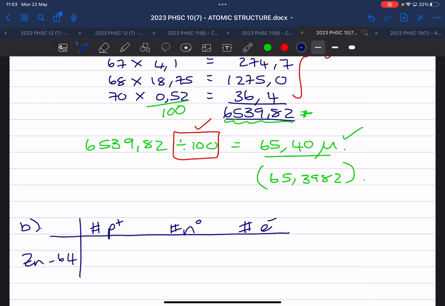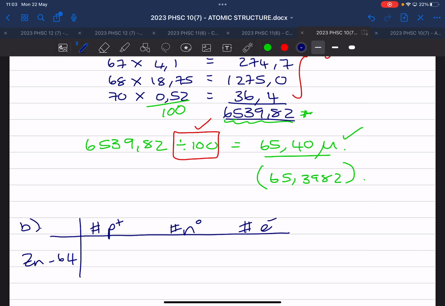How do you know? Yes, Carabello? Ma'am, it has a higher percentage. It's the highest percentage. If you look at all of the percentages, zinc 64 has 48.63%. That's the highest percentage. So it's the one that's the most abundant, the one that you find the most.